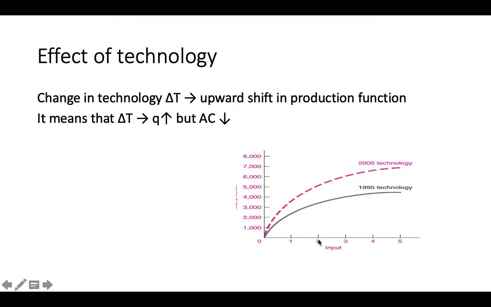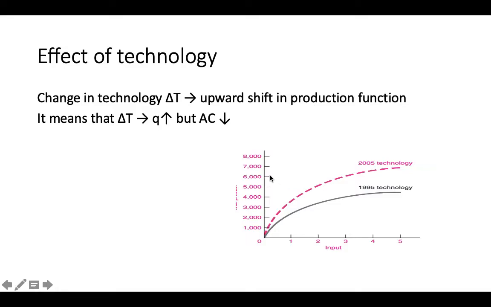Now, with the improvement in method of production, with the same 2 units of input, it is able to produce, let's suppose, 5,000 units of output. In the same manner, when the input is 3, previously it was producing, let's say, 4,000 units of output.